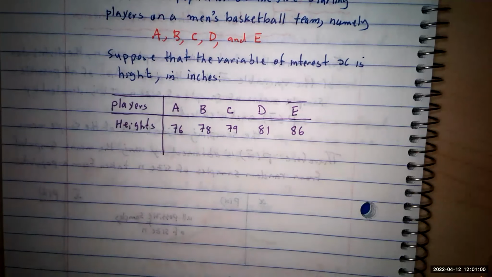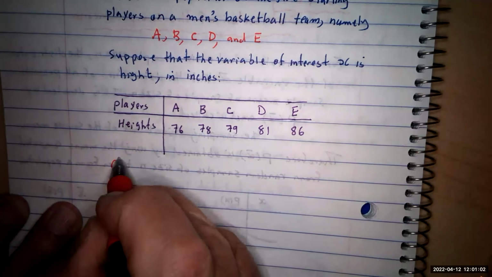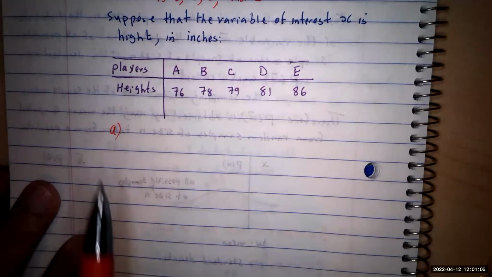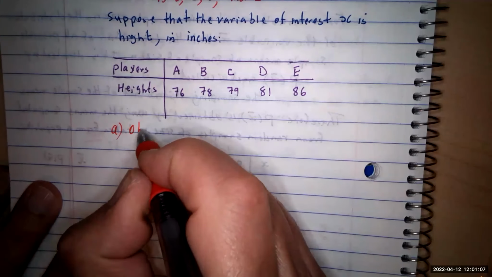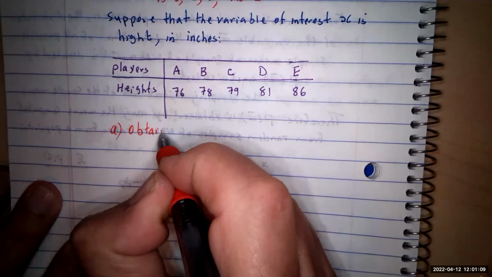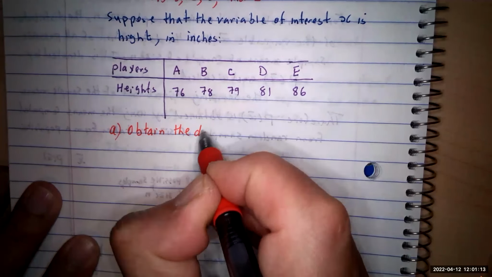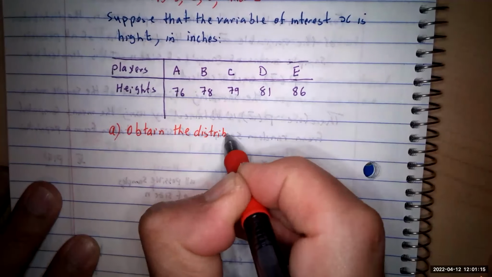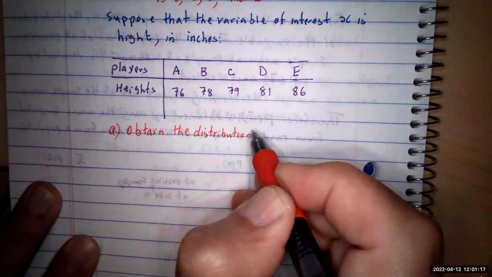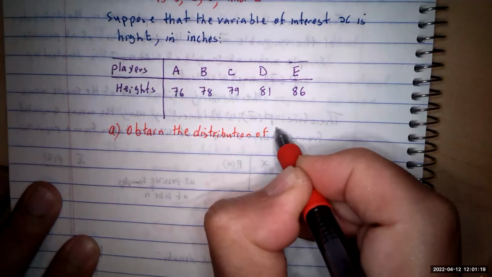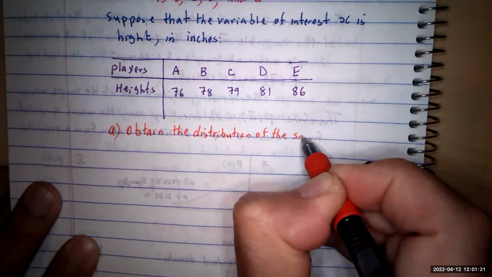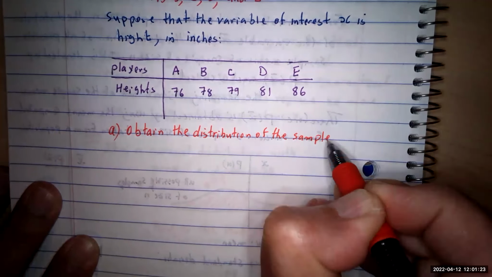So it's going to be your job. The first part, I'd like you to just do it for us. So we'd like to obtain the distribution of the sample mean.